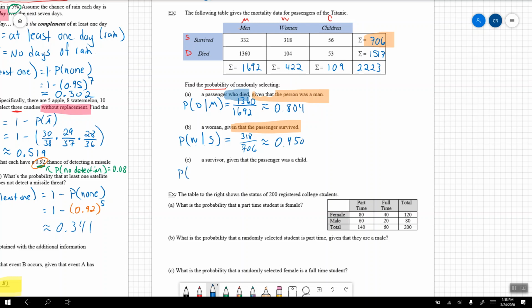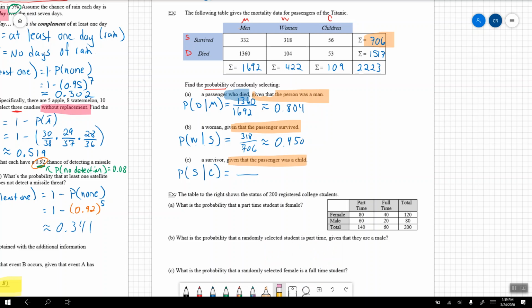Next, find the probability of randomly selecting a survivor, given that the passenger was a child. Okay, so again, we need to look at the first given probability. The first given probability is that the passenger was a child.